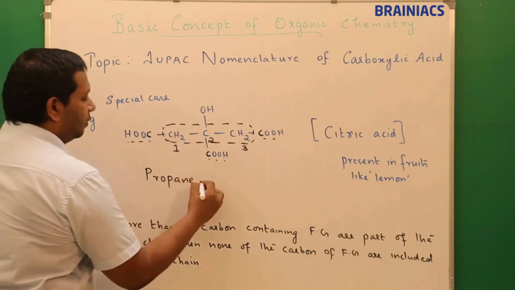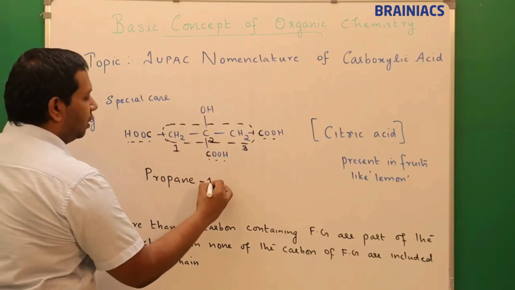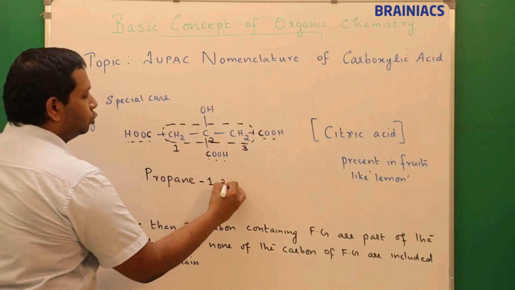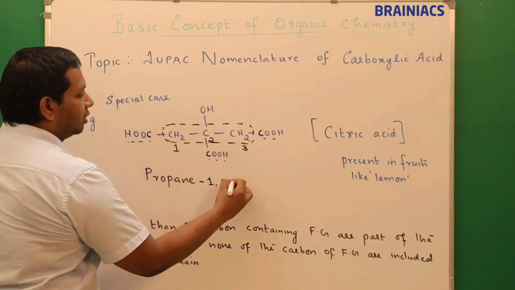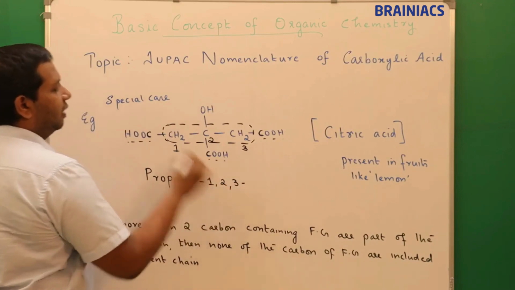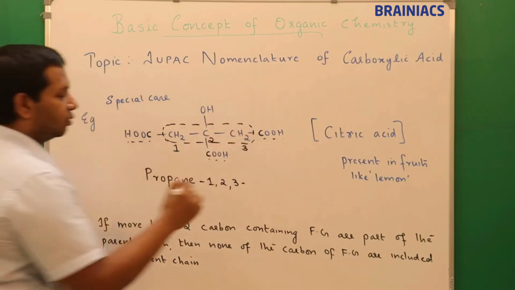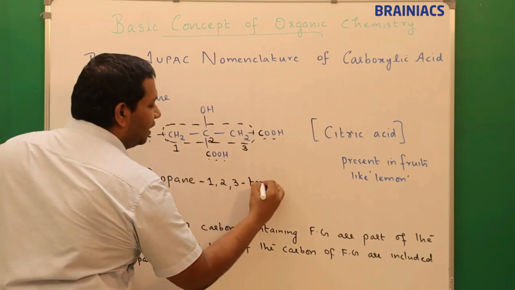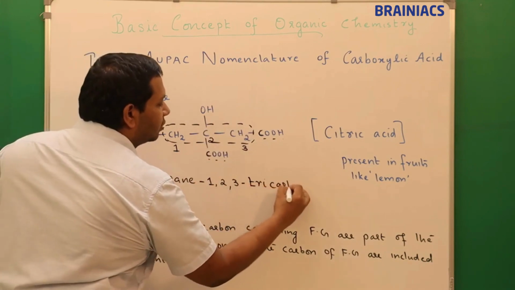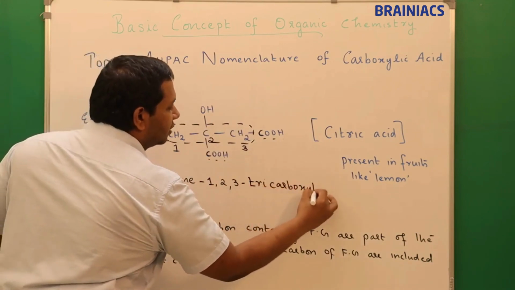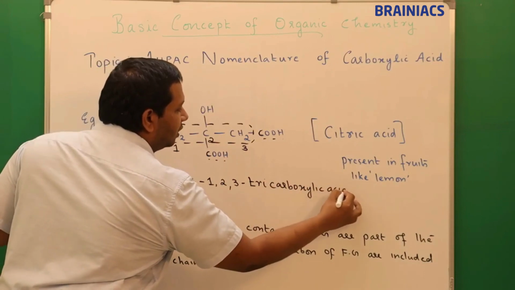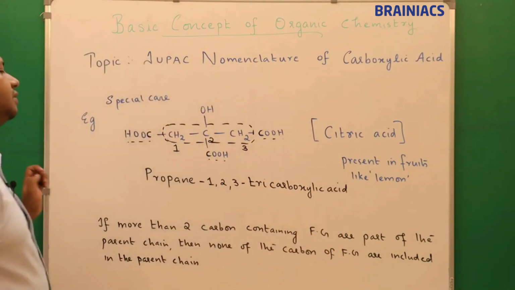Propane, hyphen, what are the positions? 1, 2, 3, hyphen, how many are there? 3 are there. So we use the term tricarboxylic acid.